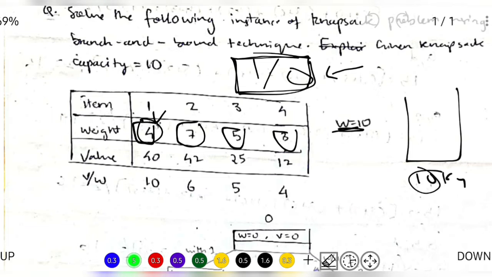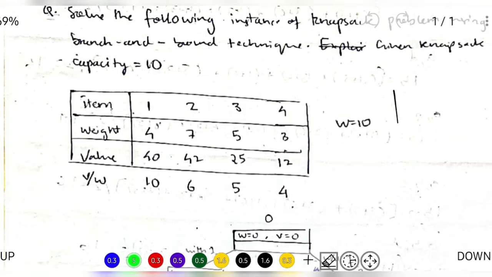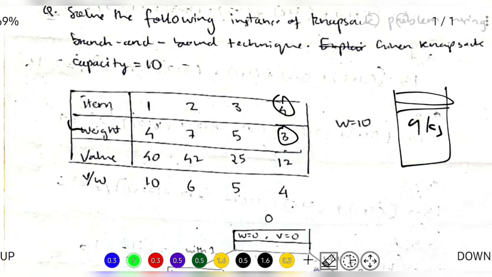In the greedy method, which we discussed earlier, or maybe it was dynamic programming, there we had included fractions. That means if the capacity is 9 kilogram, only 1 kilogram is left, but we have item 4 of 3 kilogram. At that time we can divide this into 3 parts and include one third of it. But here we'll not be doing that. If it's 9 kilogram and the remaining item is this one, we'll not be including it.